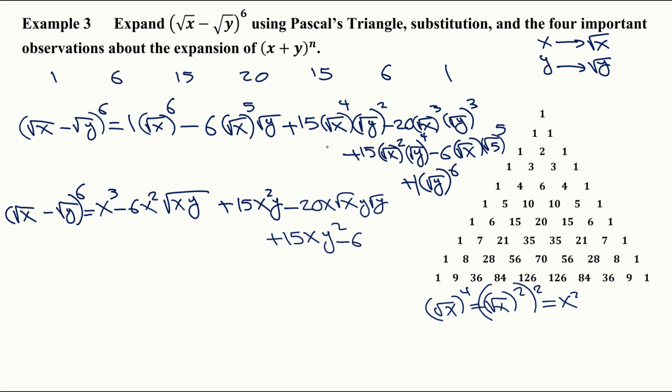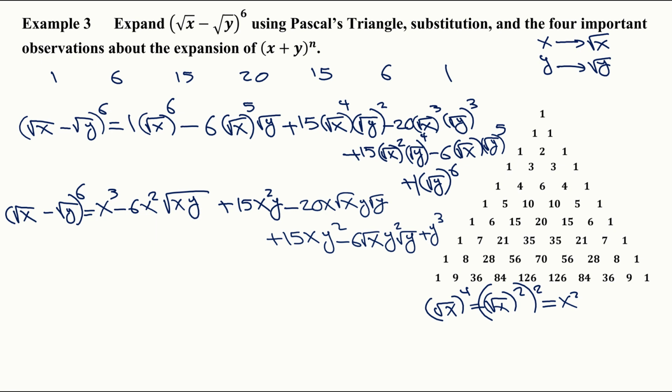Oh, here I put radical 5. Of course, I meant radical y, right? So radical y to the 5, radical y to the 4 is y squared. So we have 6 radical x, y squared radical y. And the square root of y to the 6, just like the first term, becomes just y cubed.